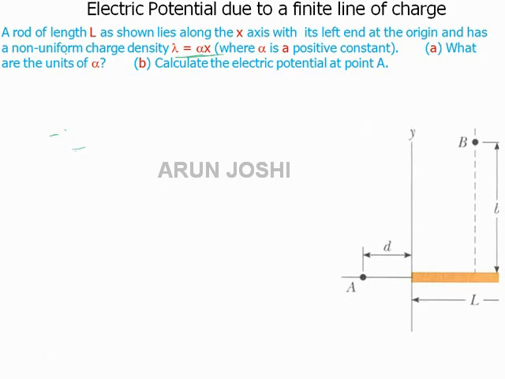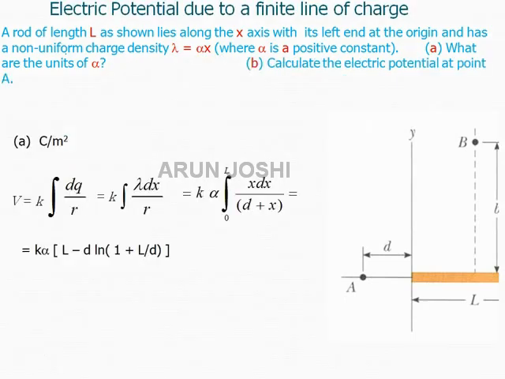Again, due to this rod, I think we have discussed earlier also, you take a small elemental charge like this. k dq by r, where dq is lambda dx, and lambda is given to all of you.